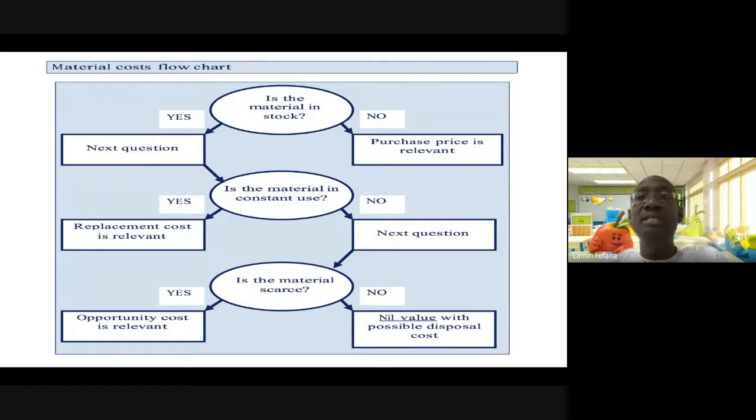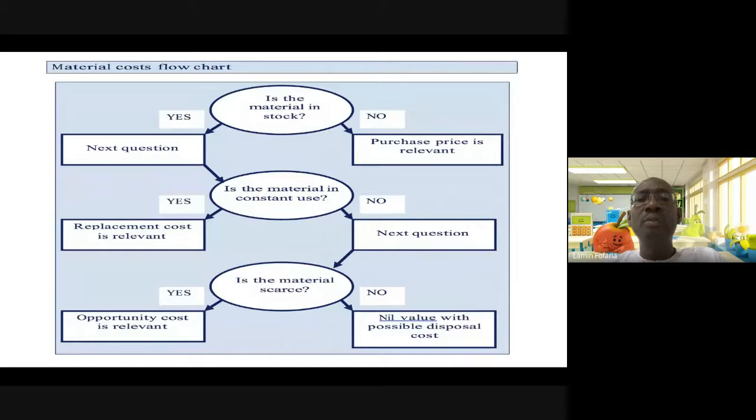The packaging materials and maybe wax, if they're going to use wax. So you're going to ask yourself, is this material in stock? Do we have our packaging materials? Do we have our wax in stock? Before we go ahead with the Coca PLC order, do we have them?